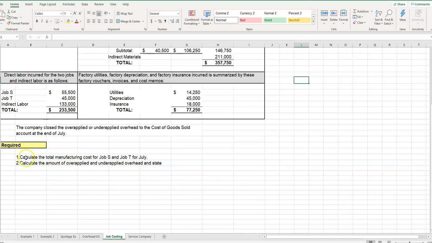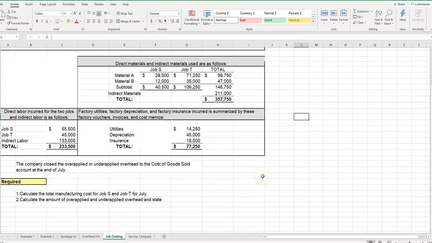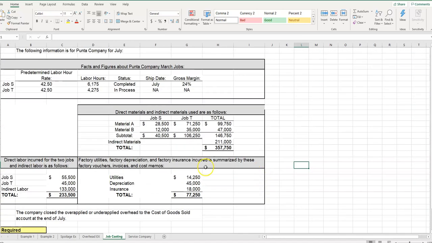In this job costing example, we're asked to calculate the total manufacturing cost for job S and job T for July, and then calculate the amount of overapplied and underapplied overhead. So we have a lot of information here about job S and job T. We have our predetermined overhead rate is $42.50 per direct labor hour.